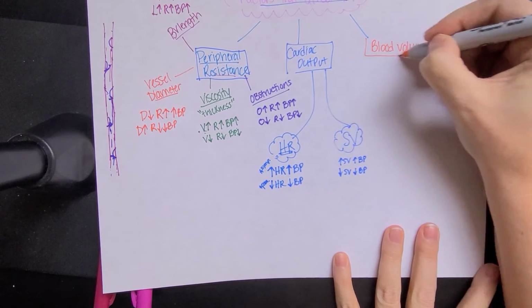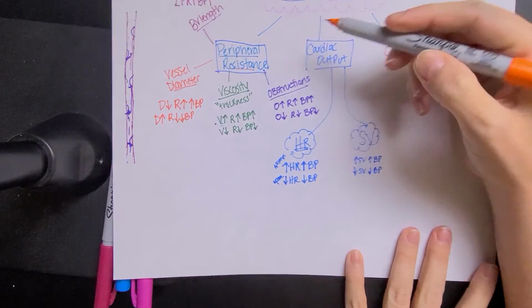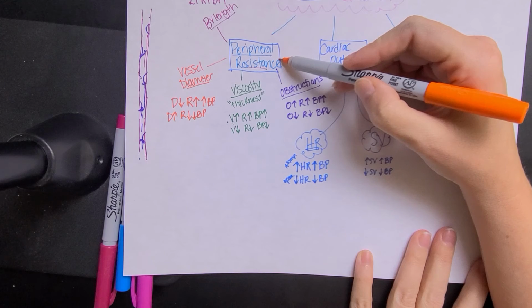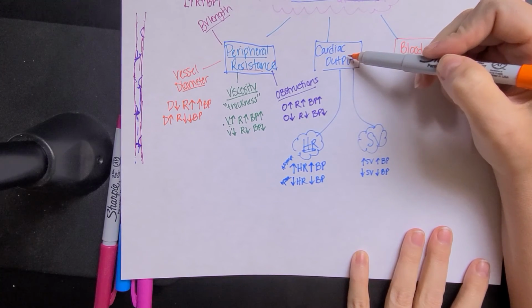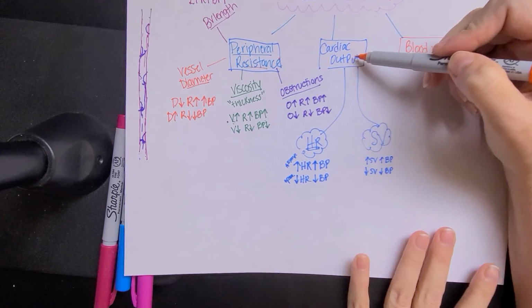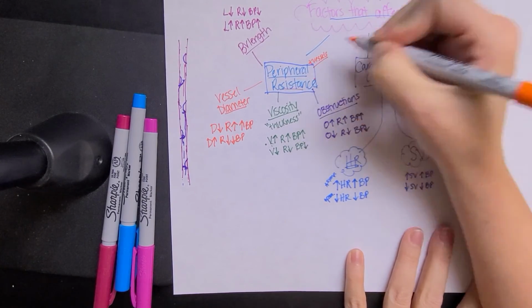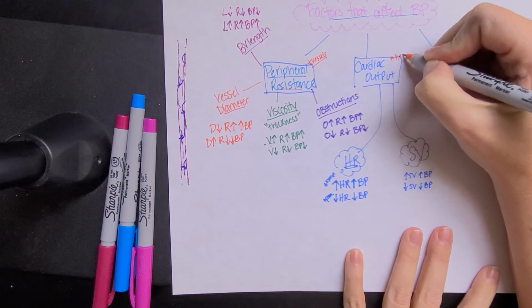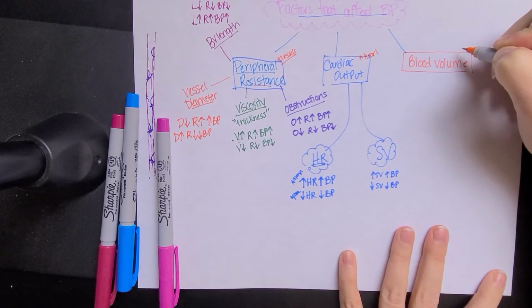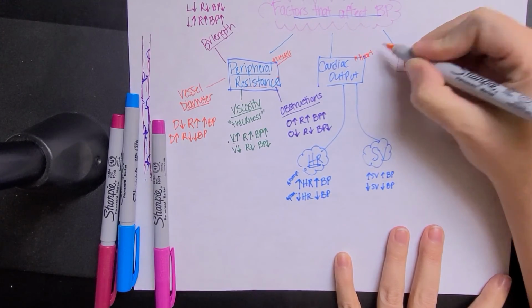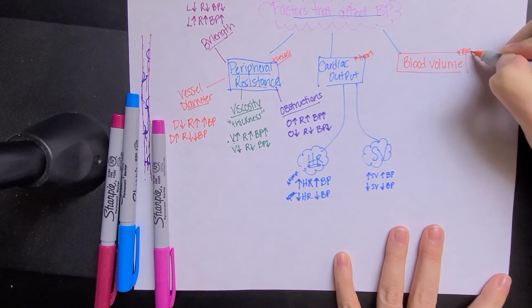So we can regulate blood pressure by our peripheral resistance, by our cardiac output. This is all happening in the heart. So peripheral resistance, this is all in the vessels, right? This is all in the heart. And our blood volume is all in the blood, right? So here's our 3 chapters.